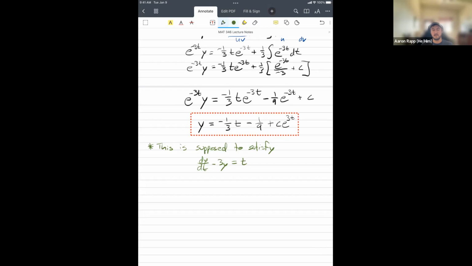So how can I confirm that that's the case? This function y is supposed to be the function such that when I take its derivative and subtract 3 times the function, it is supposed to just be t. So how can I confirm that this is the solution?